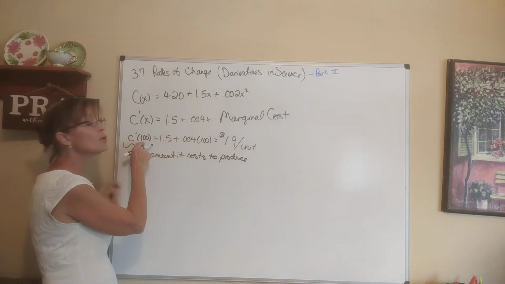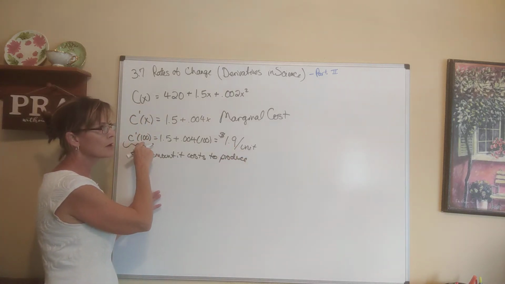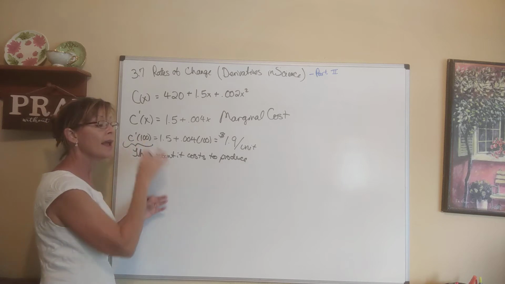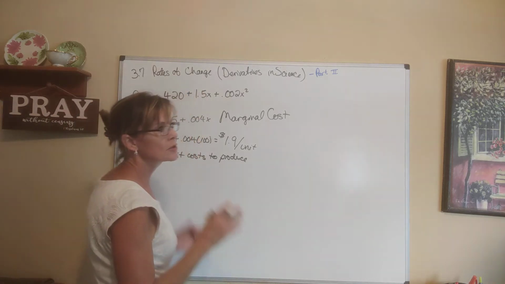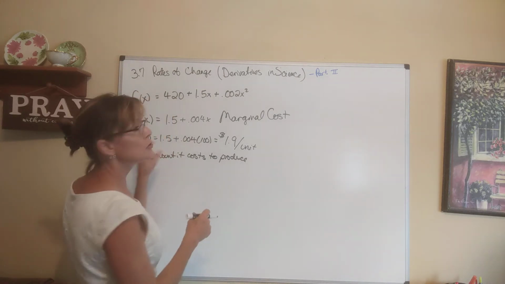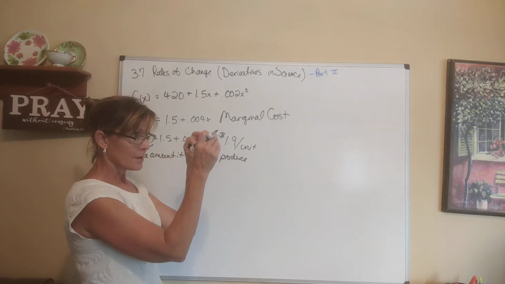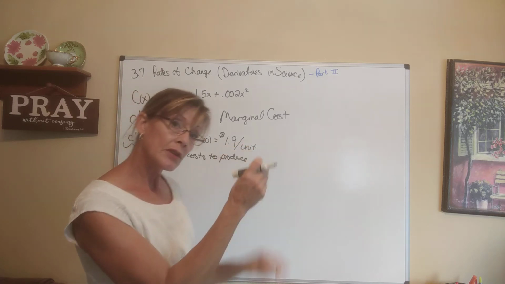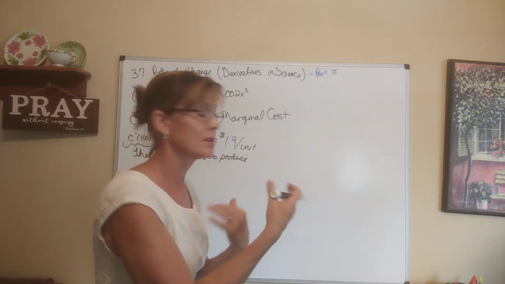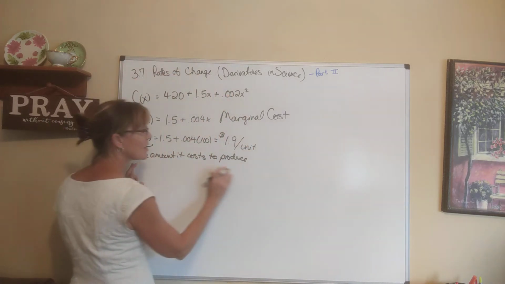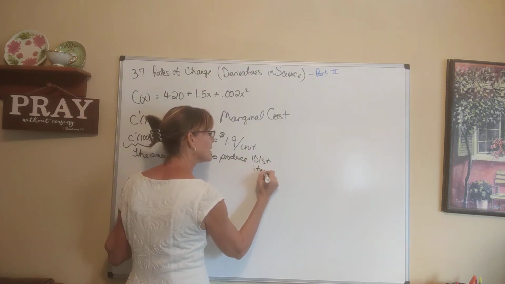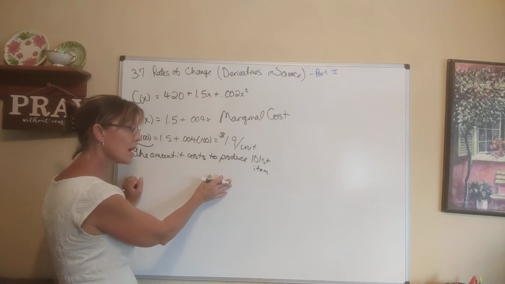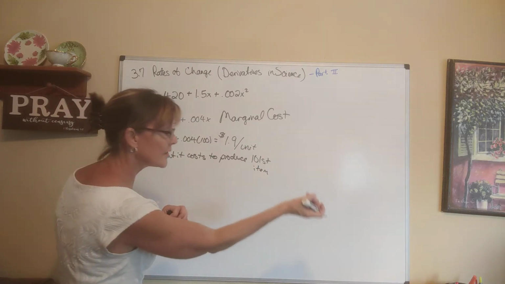So if this was 200, C prime of 200 would say how much it would cost to produce the 201st unit. If this was 250, C prime of 250 would be the amount it costs to produce the 251st unit. That's what marginal cost tells you. So in this case, it's the amount it costs to produce the 101st item. That is what marginal cost tells us, how much it's going to cost to produce the very next item.